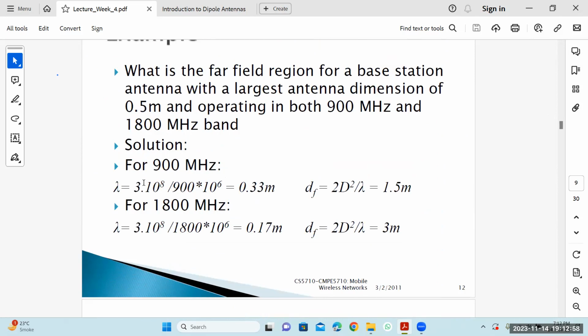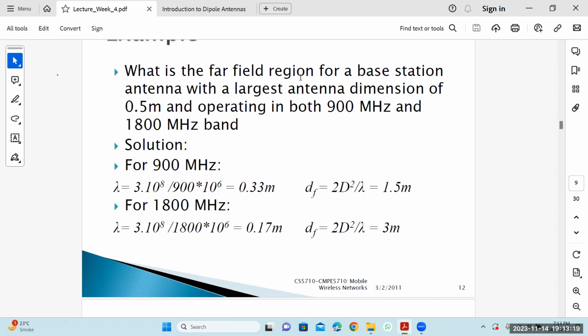So very easy question. Lambda is equal to speed of light divided by the frequency. So you need to know what wavelength is. Wavelength is C over F. So the wavelength in this case is 0.33 meter, right?